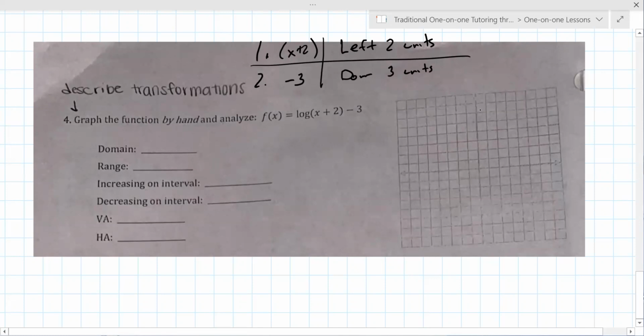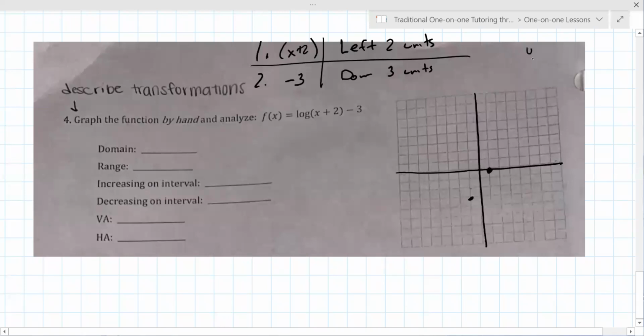A normal log has only one point of interest, and it's right there at (1, 0). So that's the point you've got to move left 2 and then down 3. That's the first thing.